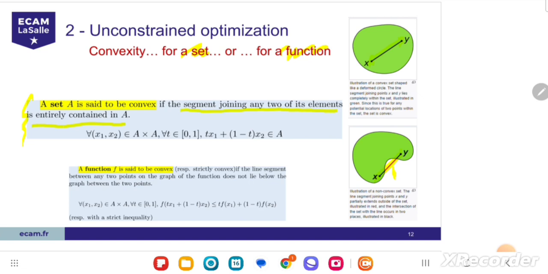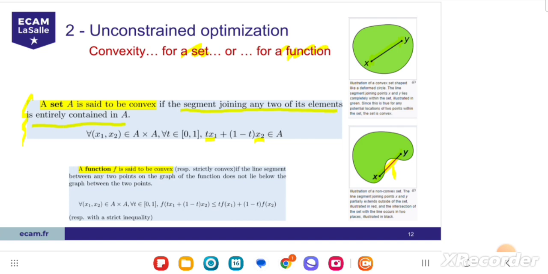So this is a visual idea, but one way to describe it: how do you make a segment out of two points? You've got one point x1, another point x2. It could be in R, in R2, or anything. Maybe x1 contains x1x, x1y, x1z, and the same for x2.